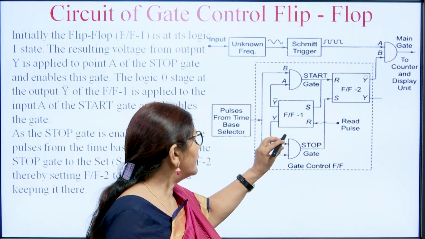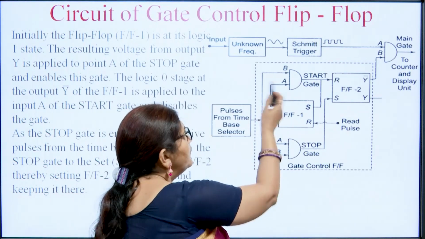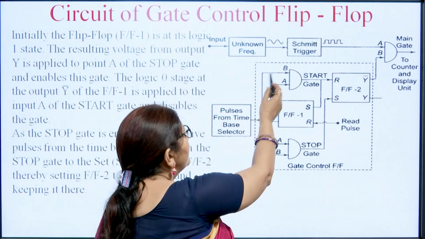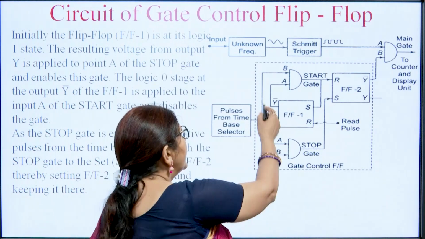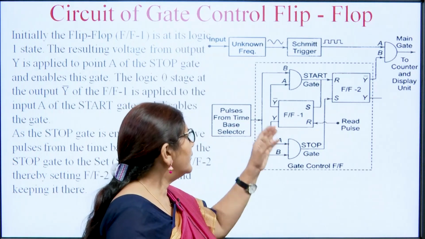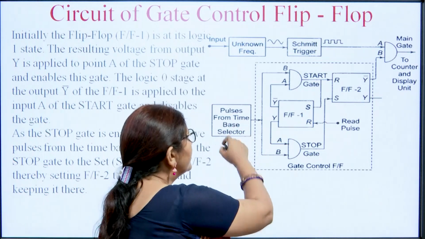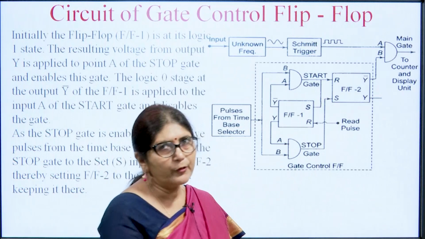When it is reset, Y bar is high, so one input of the upper AND gate, the start gate, is high. Both inputs of the start gate are high, so the start gate will pass the pulses from the time base generator circuit, and then it will reset flip flop 2.